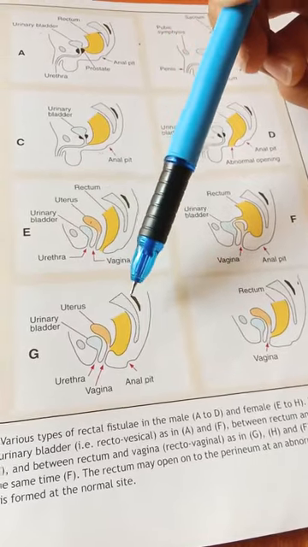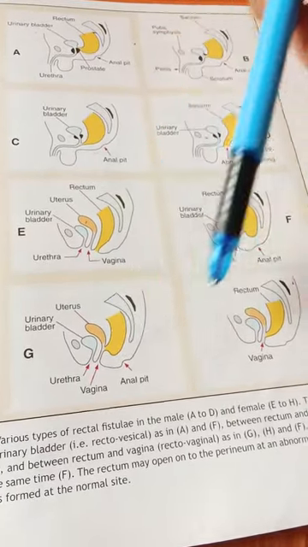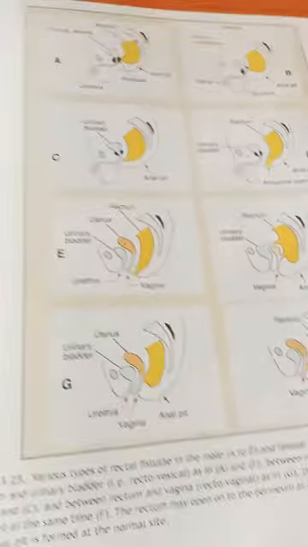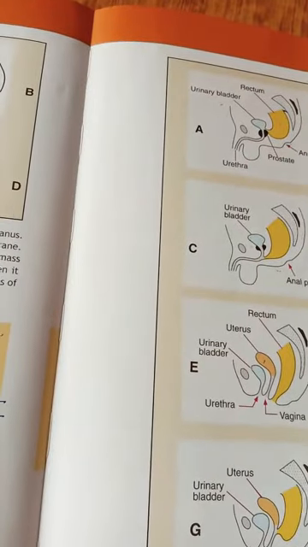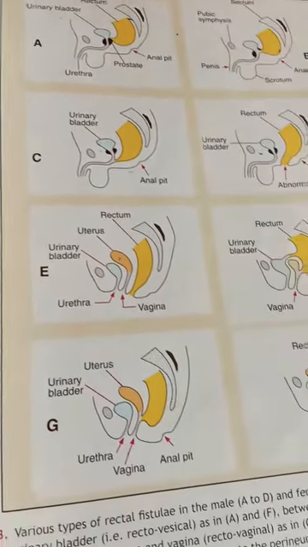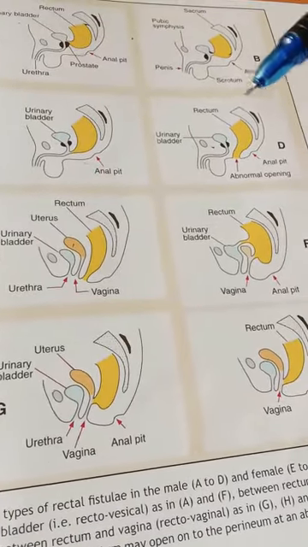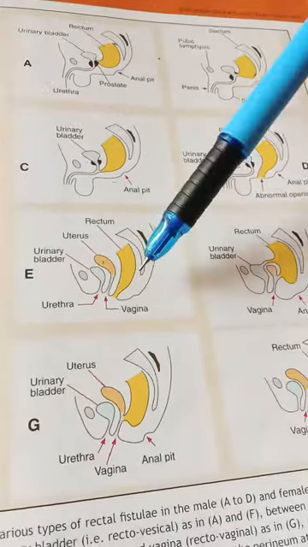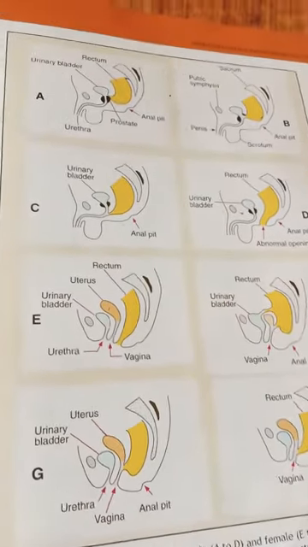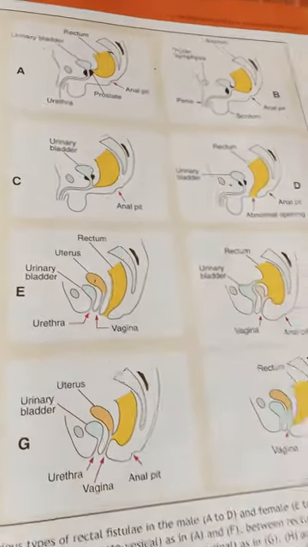Where is the rectum? This is the rectum. Between the rectum and vagina there may be a fistula sometimes. That is rectovaginal. And the rectum may open onto the perineum at an abnormal site, as in D and E. D and E open into abnormal sites, and in this case an anal pit is formed at the normal site.